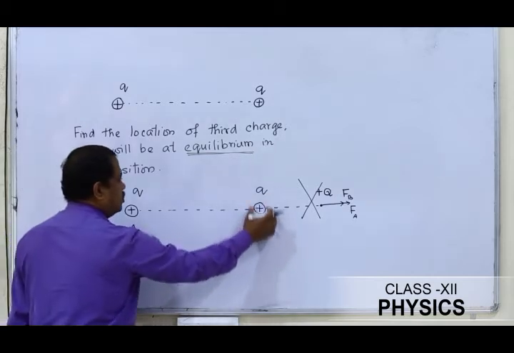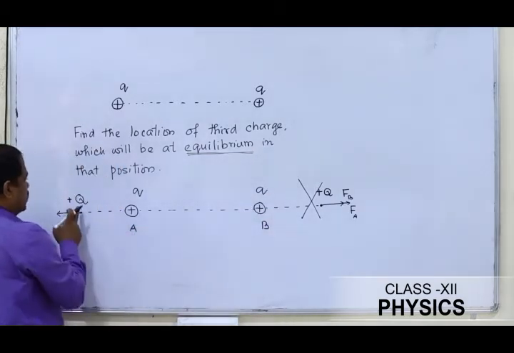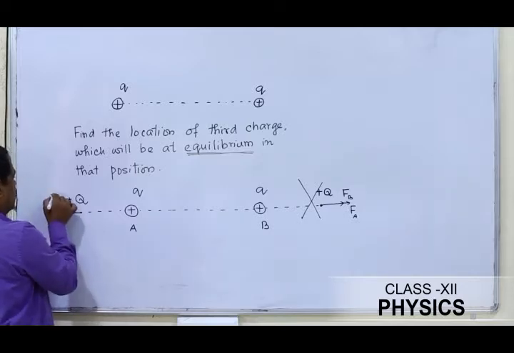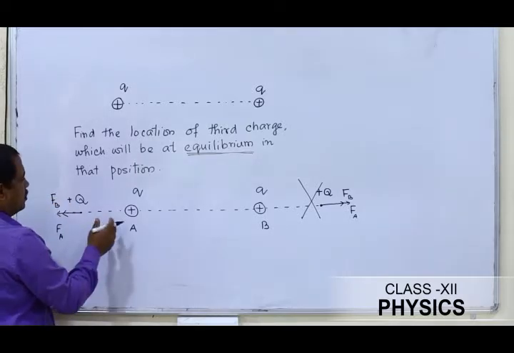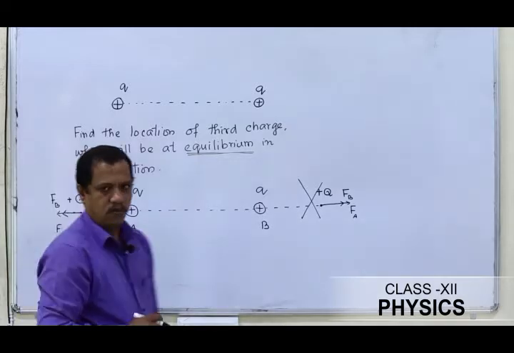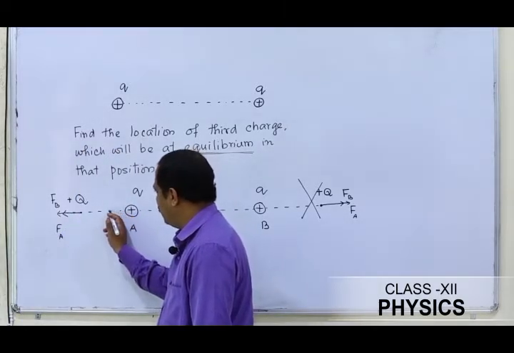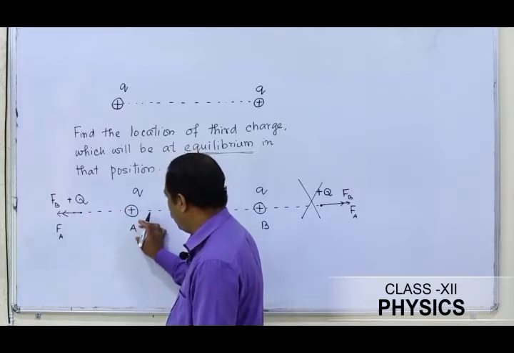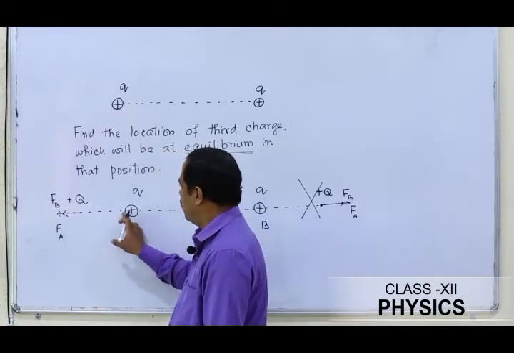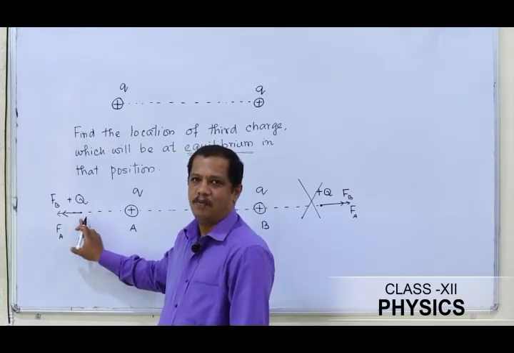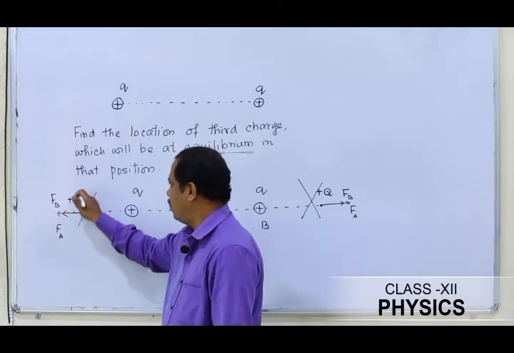Because of the charge at B, the charge Q will also experience a repulsive force in the same direction. So on inspection we can conclude that for any point considered on the left side of position A, there will be no point at which the charge plus Q placed will be at equilibrium. So therefore we cannot have a point here.